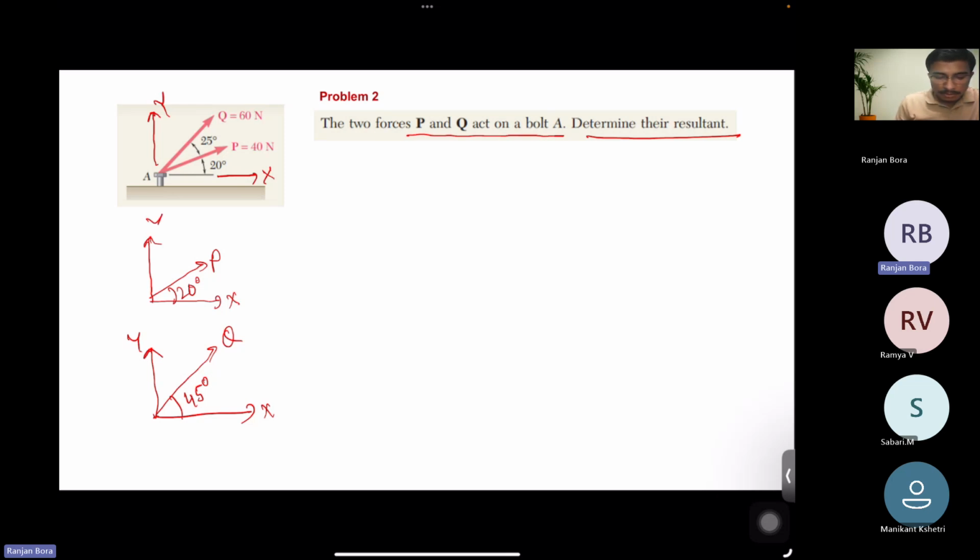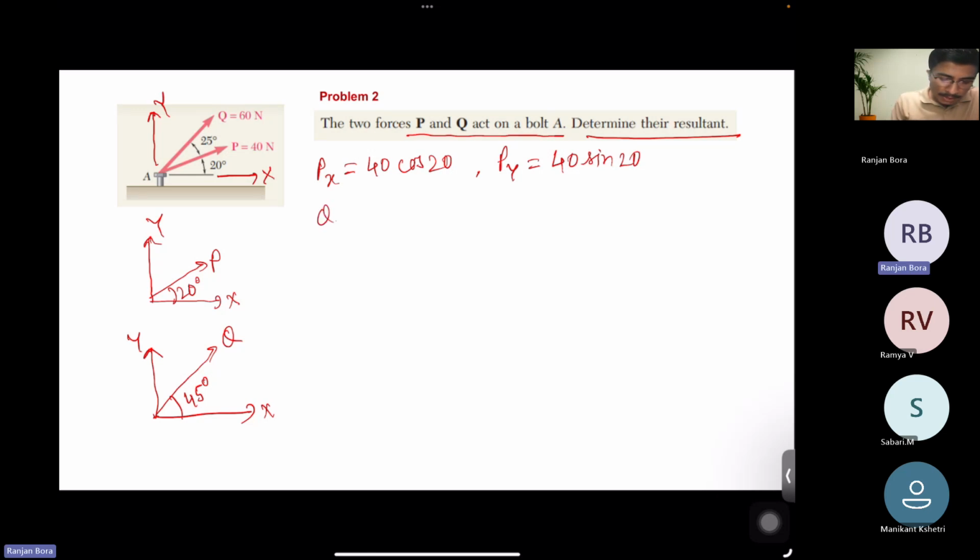The component Px will be P cos theta, which we have seen earlier today. P is given as 40 and theta is 20, so Px will be 40 cos 20 and Py will be 40 sin 20.